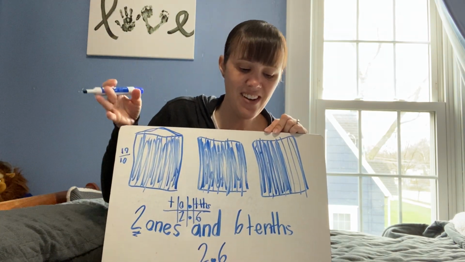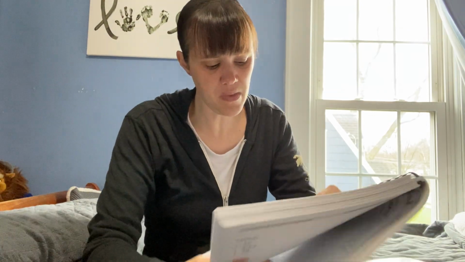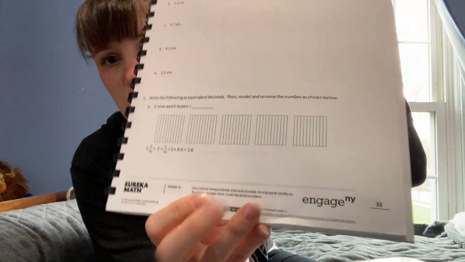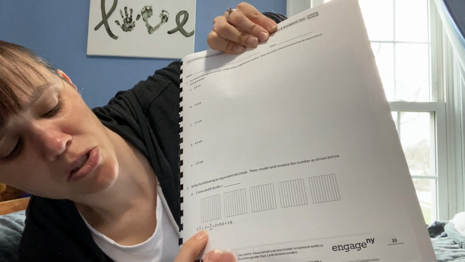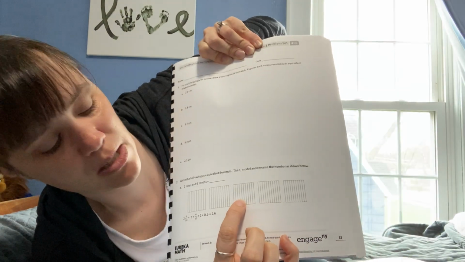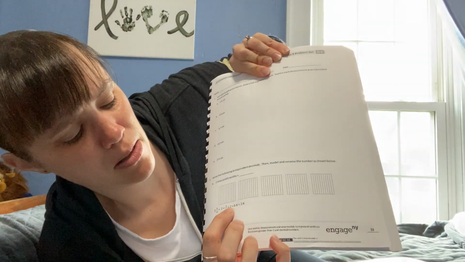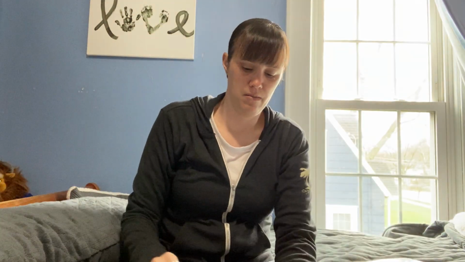And if we look at the bottom, if you don't have it, it shows you 2 and 6 tenths as a fraction is 2 plus 6 tenths. Well, we had the 2 wholes and then you colored in 6 of these. 6 tenths is written as 0.6.